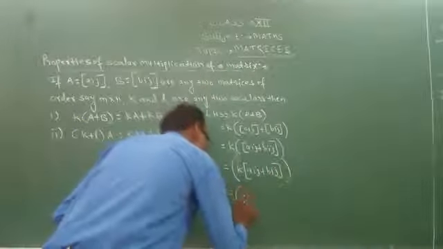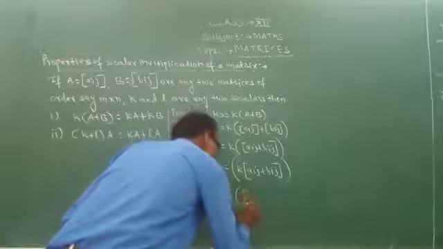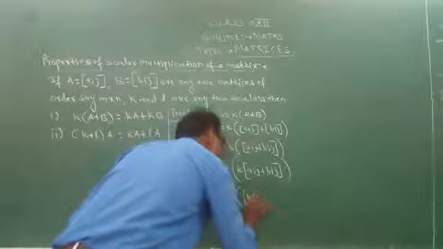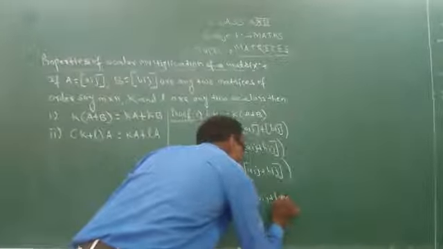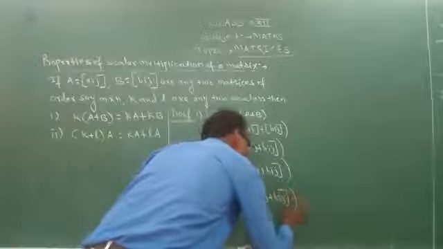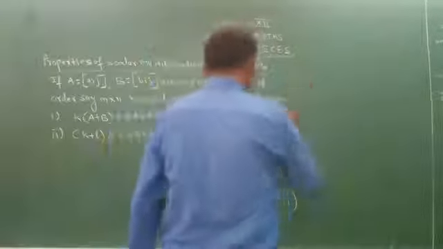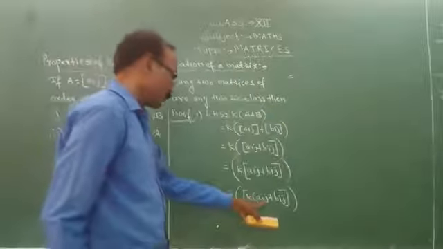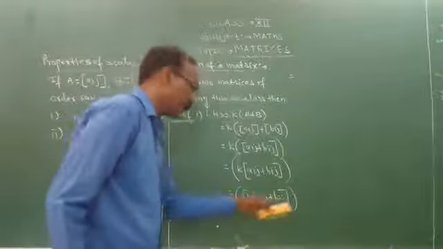Since the scalar number is in multiplication with all the elements in the matrix, I can write this as, in the matrix, this K will be in multiplication with Aij plus Bij. So that equals, this will be multiplication with this Aij as well as this Bij also, because it is in a matrix.